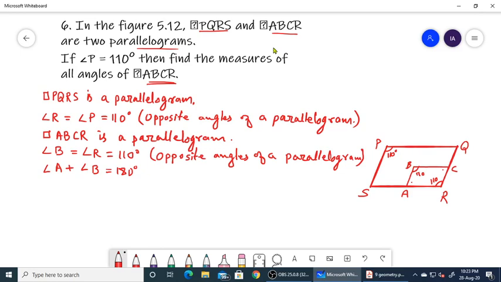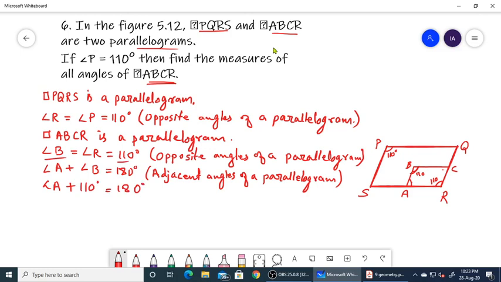So angle A and angle B should add to 180. Now we don't have angle A. Angle B is 110, so angle A plus 110 equals 180.